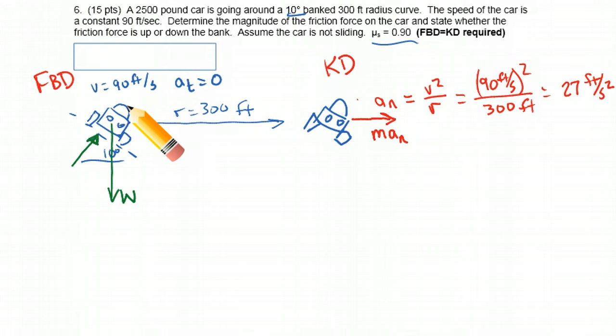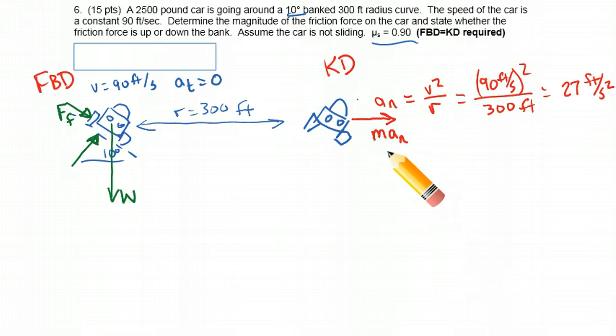Since we're going pretty fast, I'm going to assume I would slide up the bank, so I'm going to assume friction is going down the bank. If I get a negative answer based on my equation, I would have assumed incorrectly.